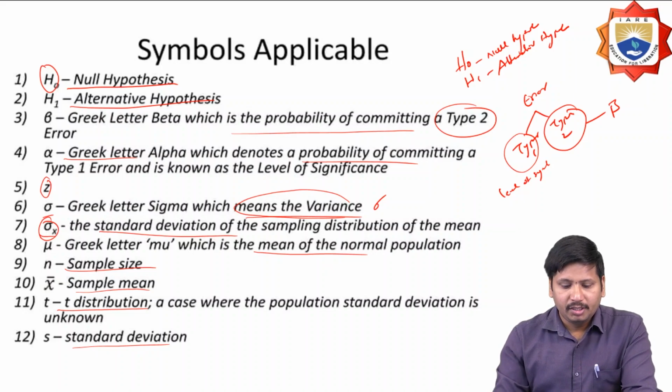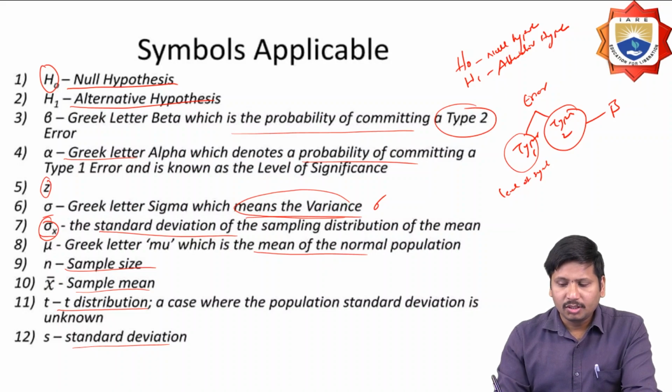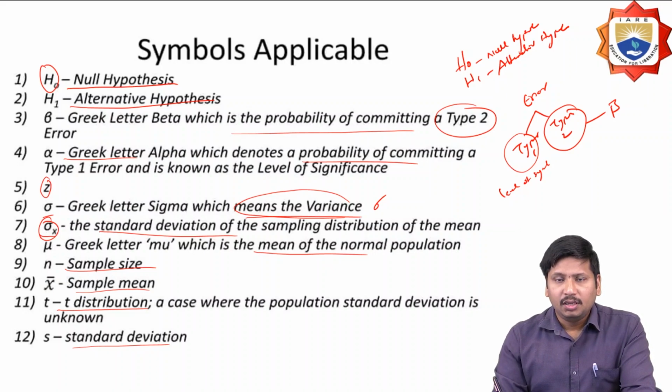Then n is the sample size, x bar is the sample mean, t is the t distribution, and s is the standard deviation. These are some of the symbols applicable for testing of hypothesis.